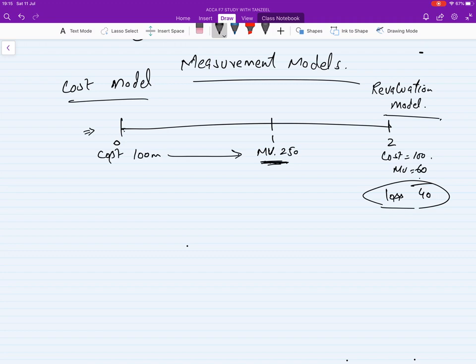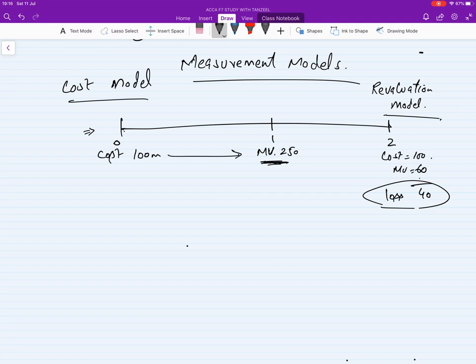Or consider this example: if you have cars in your business, like a Mercedes and a Toyota. The director chooses, let's use the cost model on the Toyota, and the revaluation model on the Lamborghini or good cars.